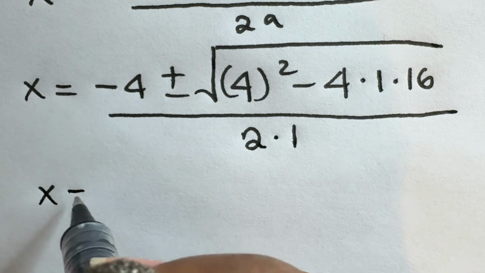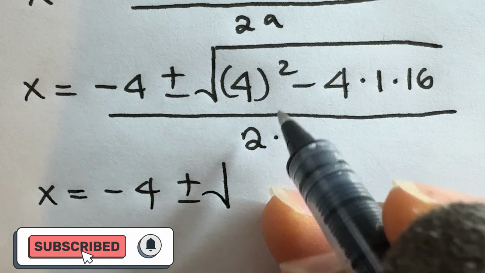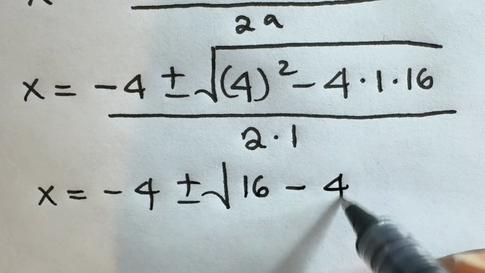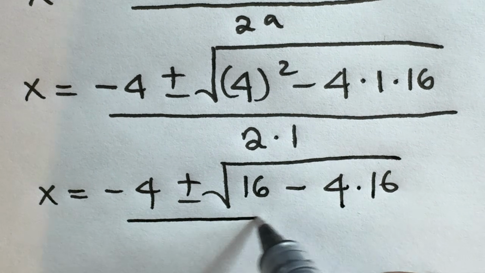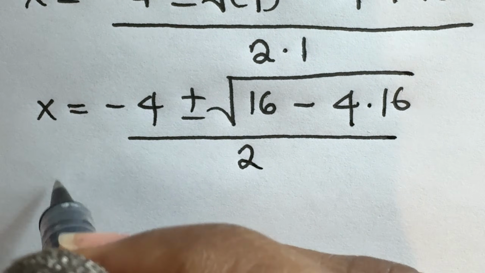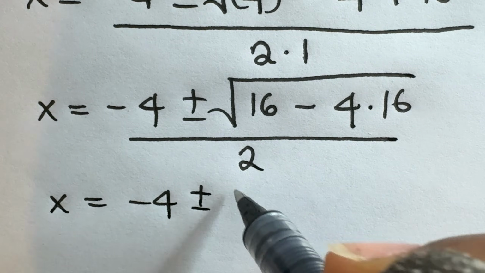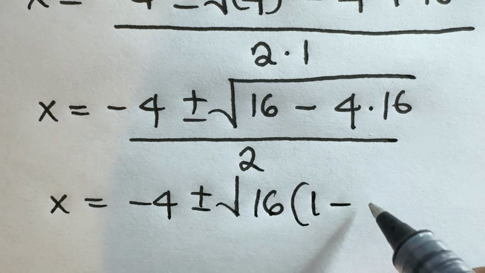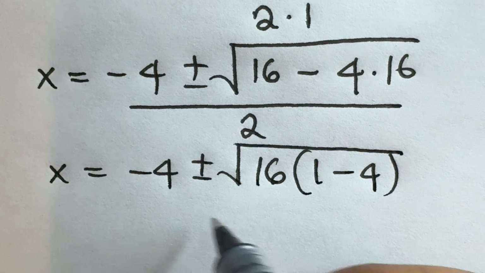We get x is equal to minus 4 plus or minus square root of 4 squared here is 16 minus 4 times 1 is 4. I'll say 4 times 16, then divided by 2. Then we say x is equal to minus 4 plus or minus square root of, this is 16 into, this will be 1 minus 4, then divided by 2.